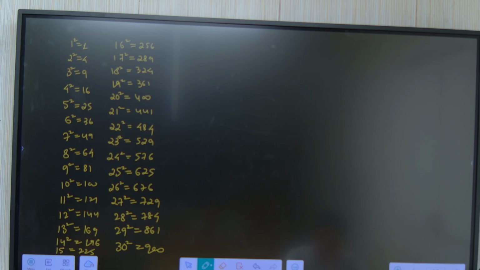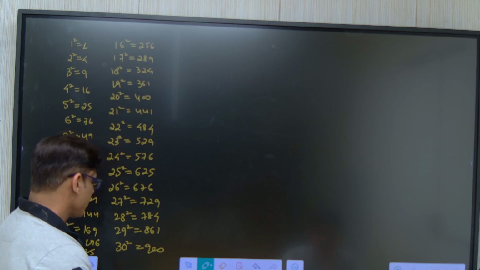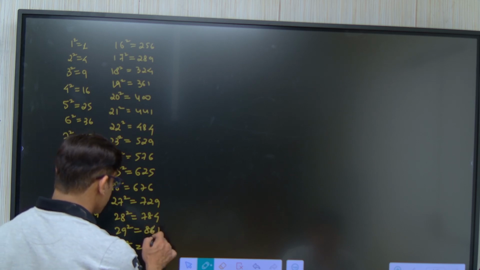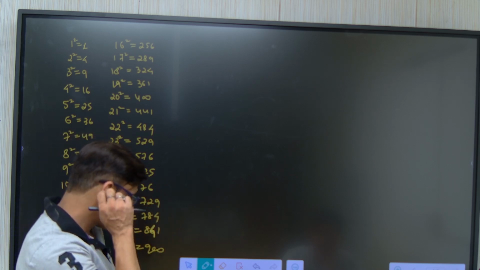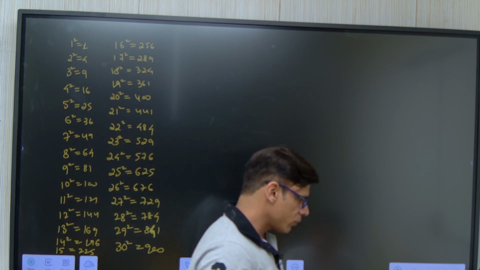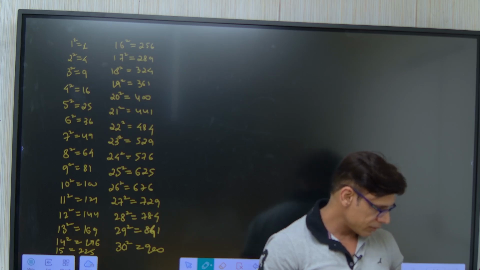At least these squares from 1 to 30 should be known to you, right? And their properties. So what are the properties of square, Bhargavi?